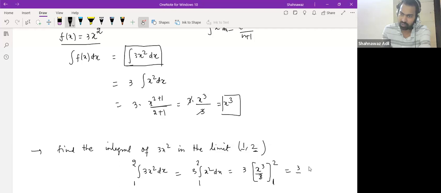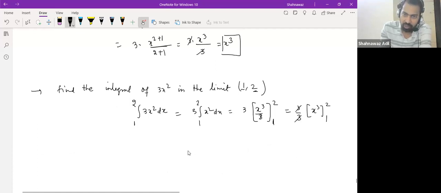This is 3 by 3, and this is x cubed from 1 to 2. The difference is that first we put the upper limit, and then minus the lower limit. Upper limit function and then lower limit function.